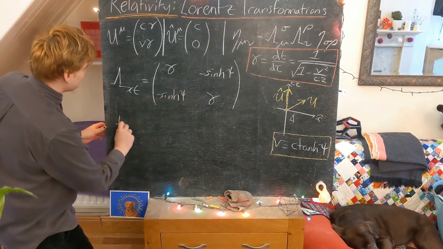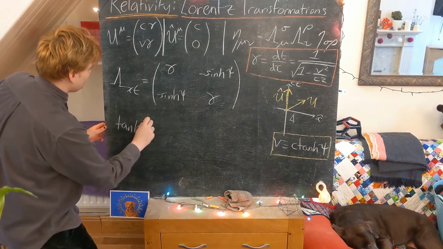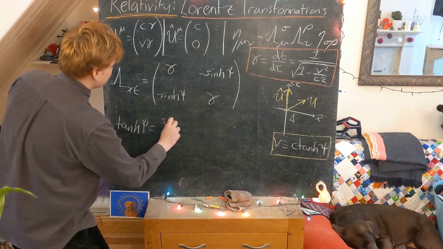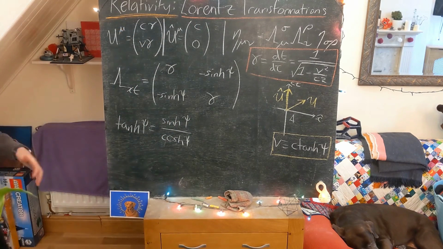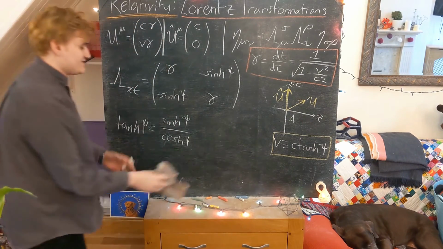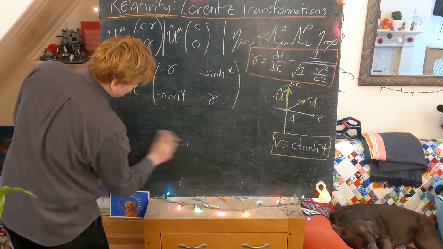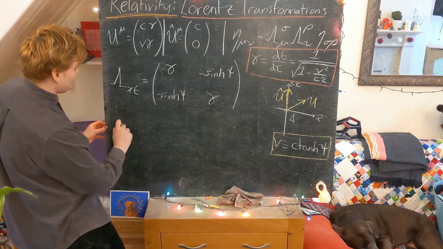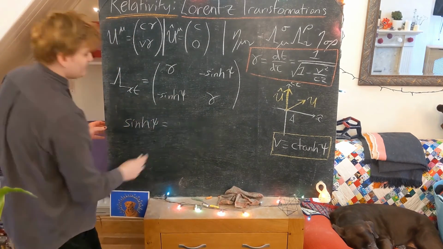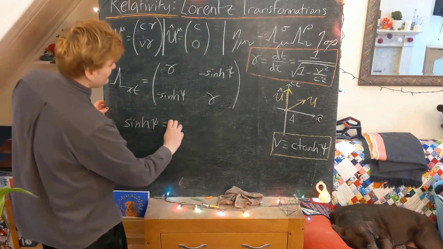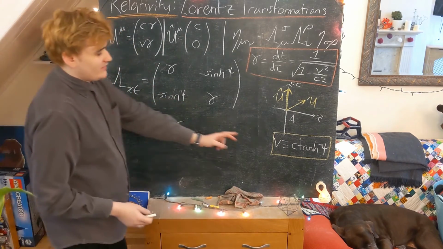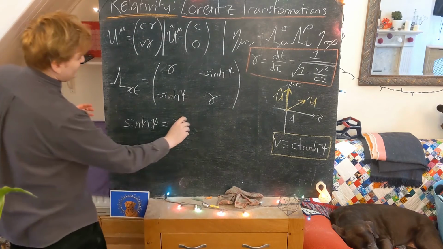Essentially we can realise tanh is sinh over cosh, and then essentially sinh is cosh times tanh. So sinh is going to be cosh, which is gamma, multiplied by tanh, which we said was v over c.